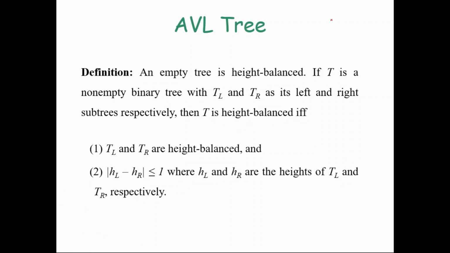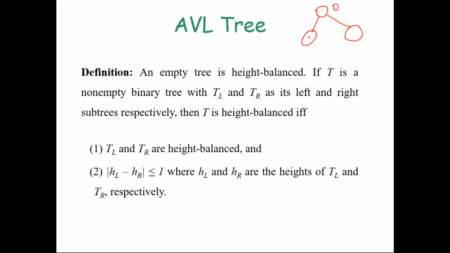If it is not understandable for you, let me draw something like this. So this is a tree. For every node you check the height. For this node, the height of its left subtree is 1, and the height of the right subtree is also 1, so the difference is 0.